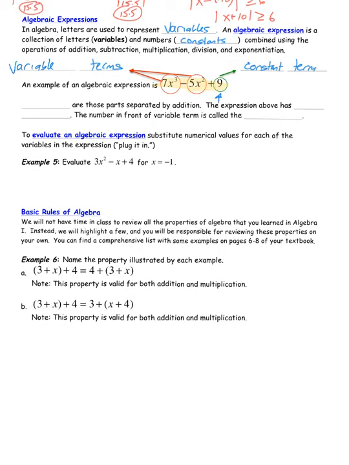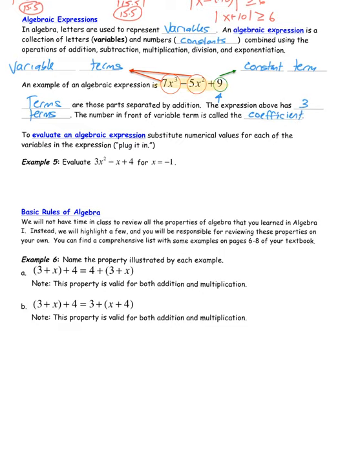So in terms of this terminology, terms are those parts separated by addition. So the expression that we have up above has 3 terms, right? Those terms are 7x cubed, 5x squared, and 9. The number in front of a variable term is called the coefficient.